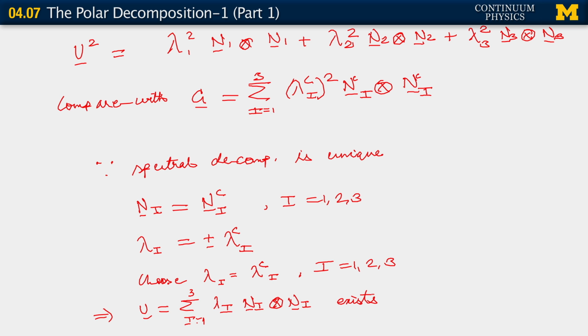Okay? U exists. We've proved, therefore, that U exists. U belongs to S3. And because of the way we've chosen the eigenvalues of U to be positive, it implies that U itself is positive definite. Okay?